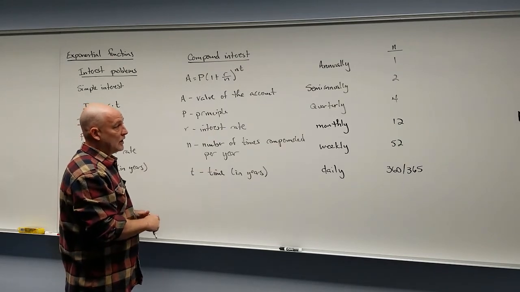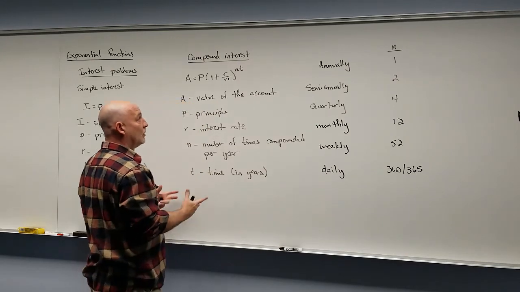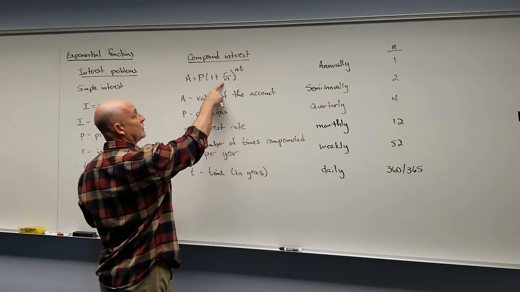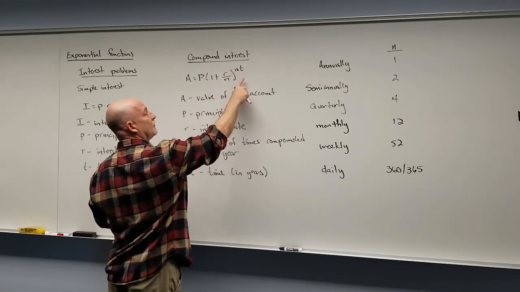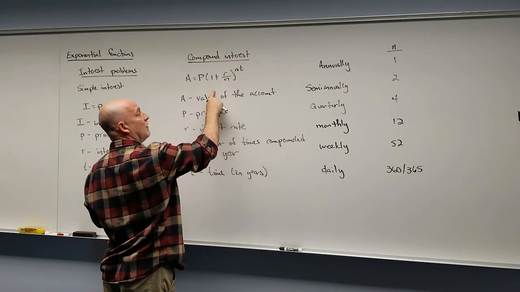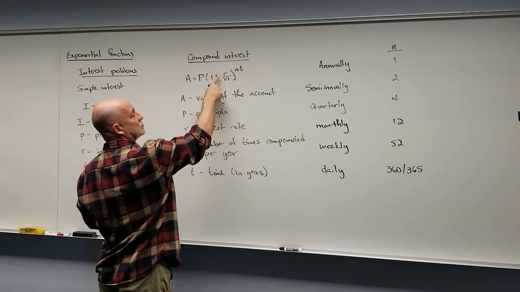Now you'd think that the number of times that you compound per year would mean that you make more money. Well, you got this offsetting pattern that happens here. The number of times that you compound per year does increase the amount that this thing gets multiplied by itself, but your interest rate, because the number of times is increasing, gets smaller and smaller.